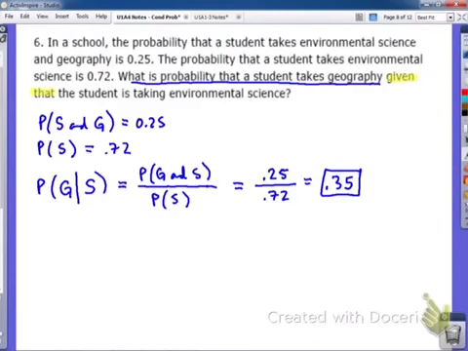The probability of picking a student out of the entire gym that is taking both science and geography is 25%. If you were to do that another time, you walk back out, blindfolded, walk back in, and pick some random student. The probability that student is taking environmental science is 72%.